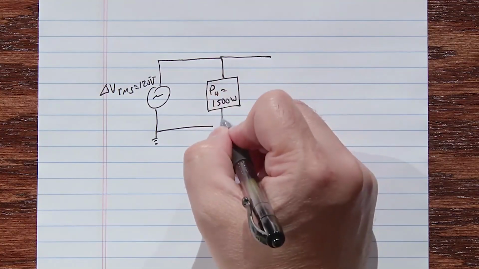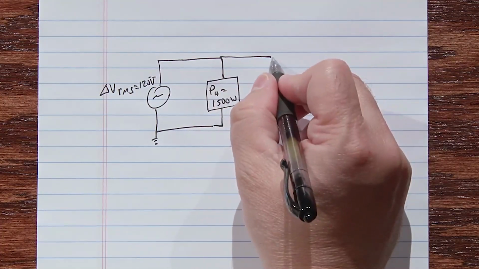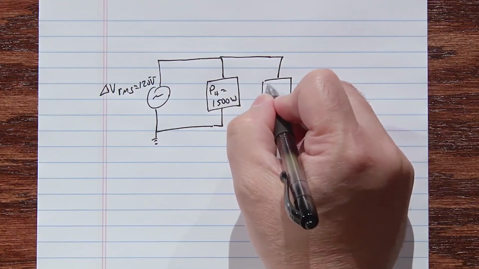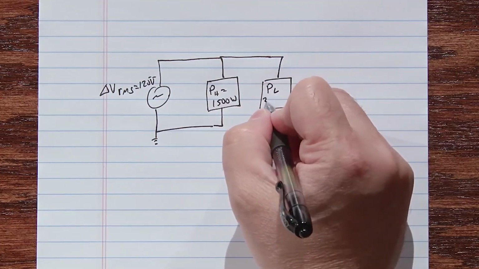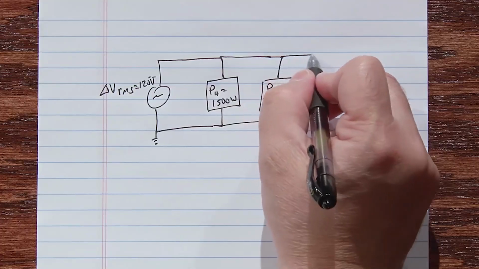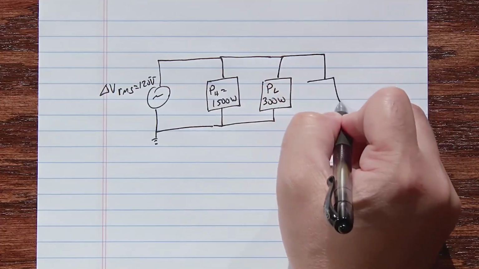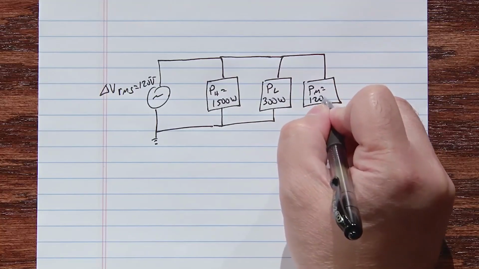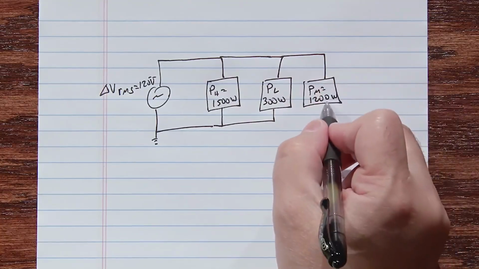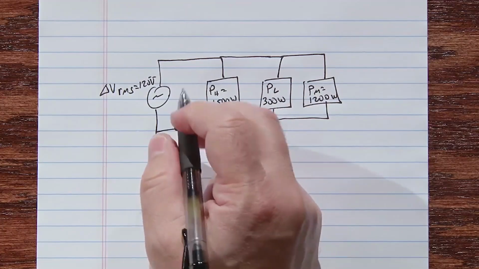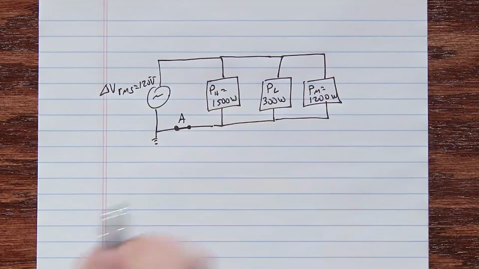And the heater is plugged into both of the wires. Then we have a lamp. Power to the lamp is 300 watts. And we have a microwave. Power to the microwave is 1,200 watts. Okay, and then there is a circuit breaker right here, and that was A.